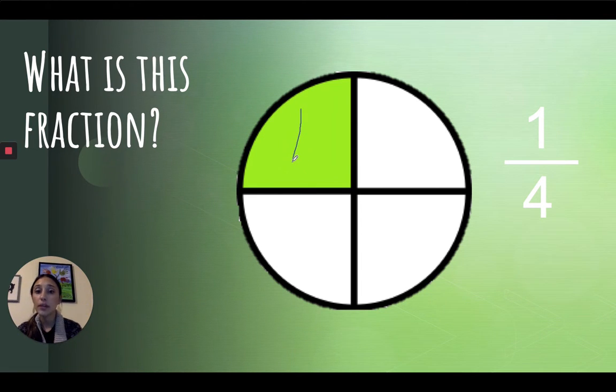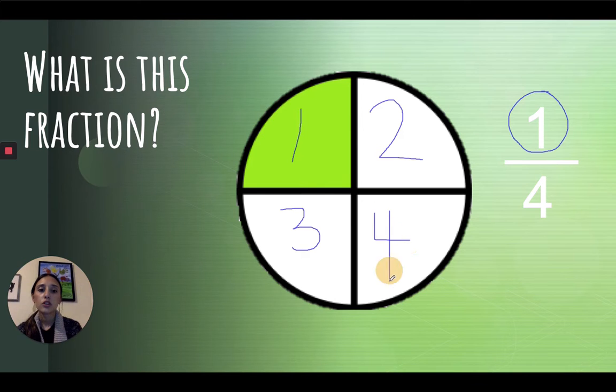It's showing me one piece, so that is always going to be my numerator. Okay, so one piece, but how many pieces make my whole? Well, 1, 2, 3, 4. So I have 4 all together that makes my whole, and I always put my whole, my total, on the bottom.